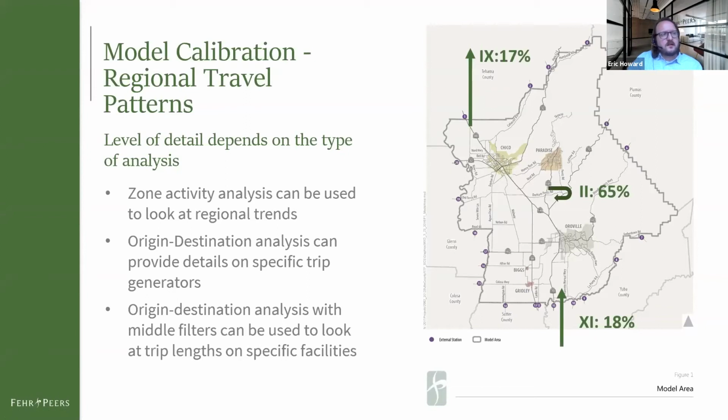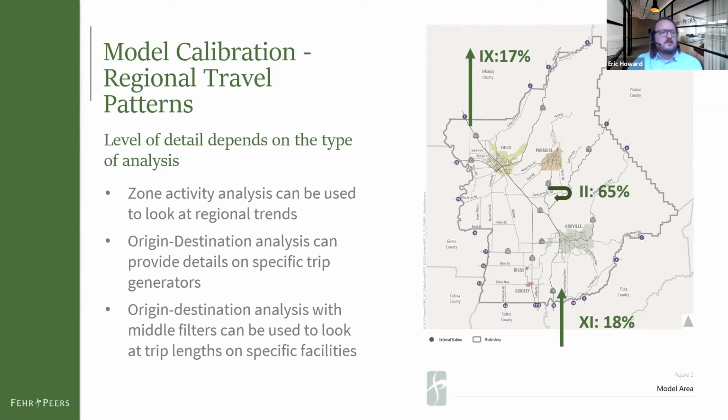And then we also took a look at two of the different casinos that are in the area. And then we took a look at the Sierra Nevada brewery, just to get an idea that generally, travel to and from these locations isn't necessarily inherently typical, and we wanted to have special information to be able to account for that in the development of the regional model.